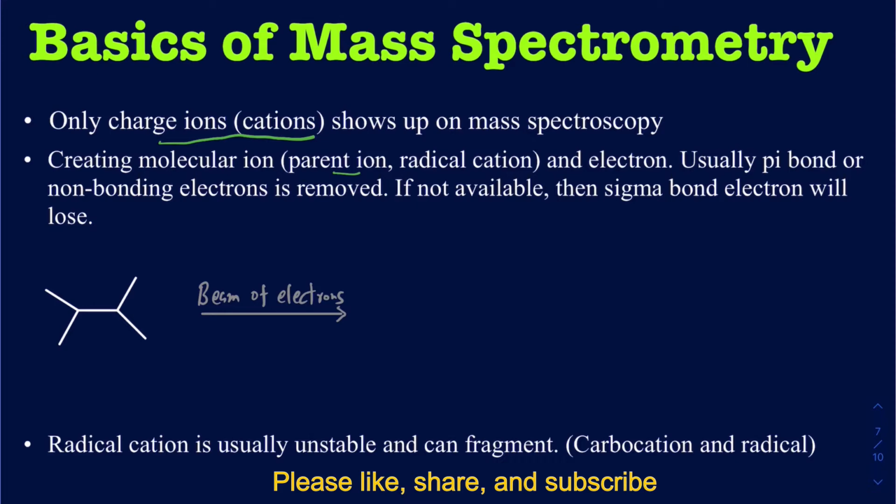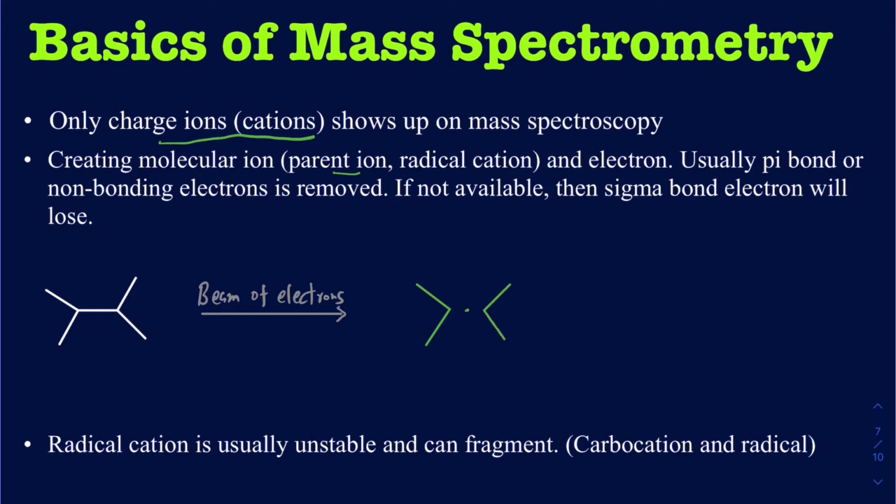Like in this particular example, I don't really have any pi bond, and I don't have any lone pairs on it. So I could lose any one of those electrons from any of the sigma bonds. So I'm just going to go ahead and maybe lose this particular one. So you can write it like this. When you lose it like this, I will have a positive charge here, and obviously you have an electron.